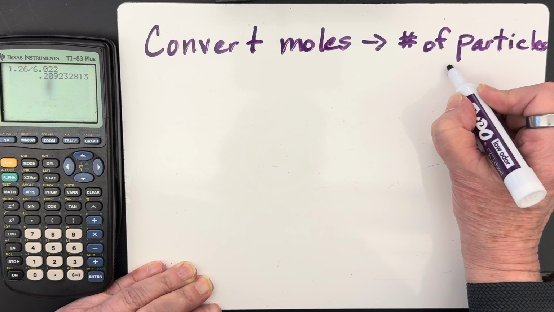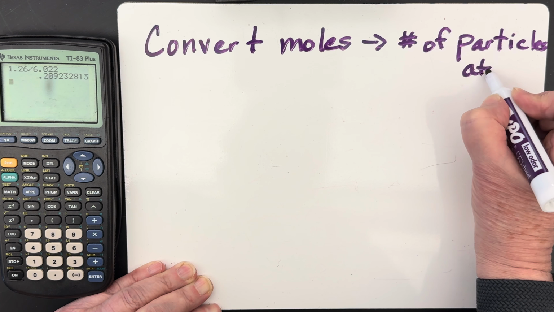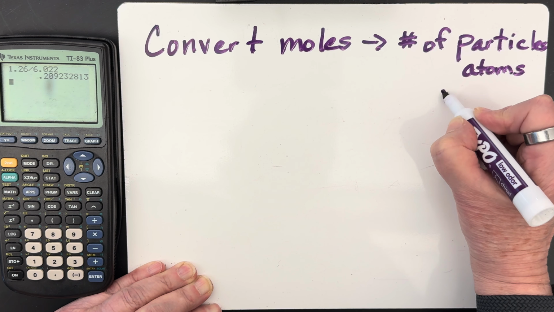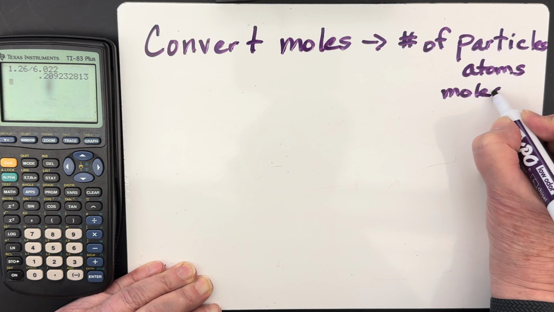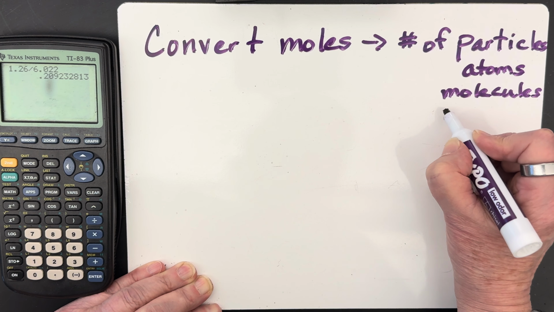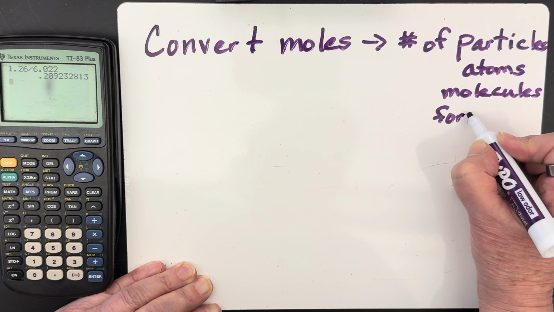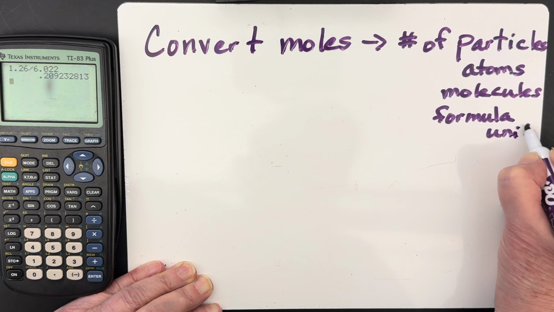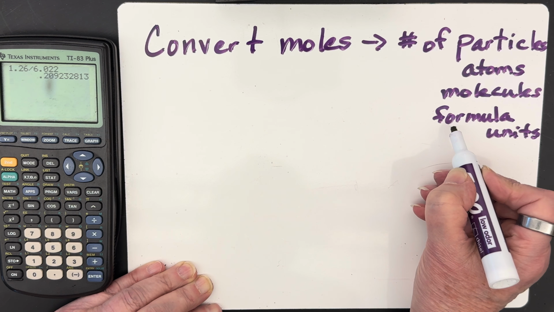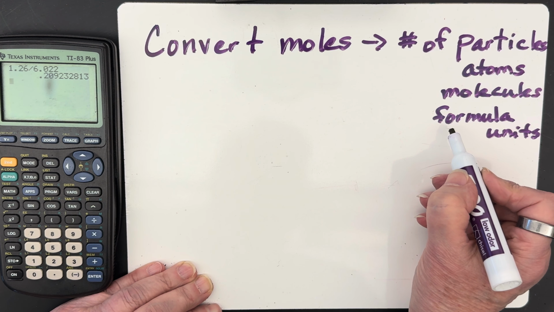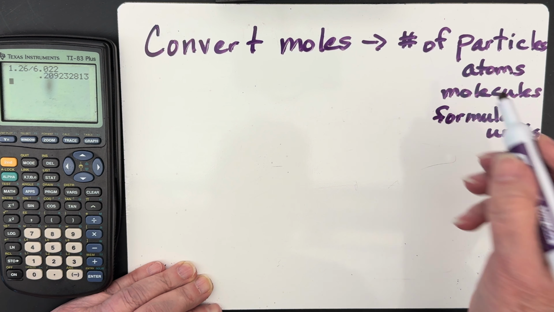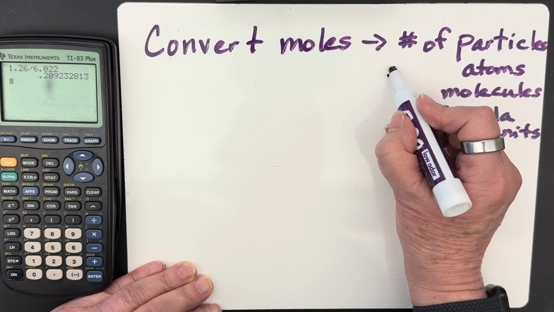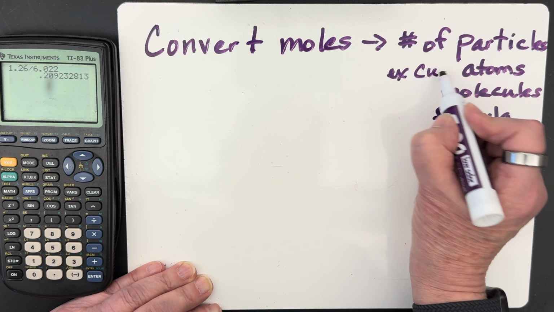And remember, number of particles can be atoms, molecules, or formula units. You can think of formula units as like molecules. So an atom would be a pure element, for example, copper.